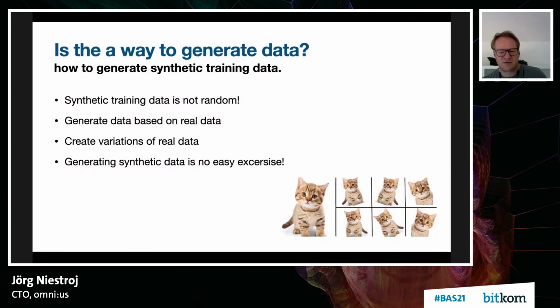So if you have too little data to start, the question is often, can I generate my own data? Yes, it's possible. And it's a misunderstanding that it's just randomly creating data. It's very complex. You have to have variations of real life data. For example, this cat: you can mirror it, rotate it, randomly place objects on the picture, make it darker or lighter, or change the colors to simulate the variations that can happen in real life.